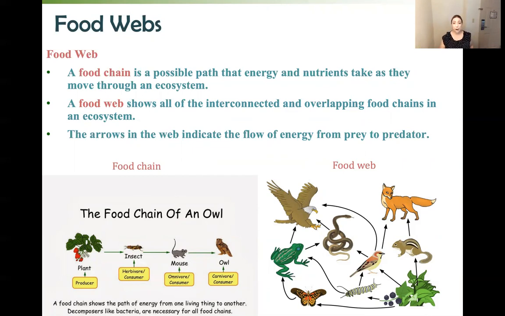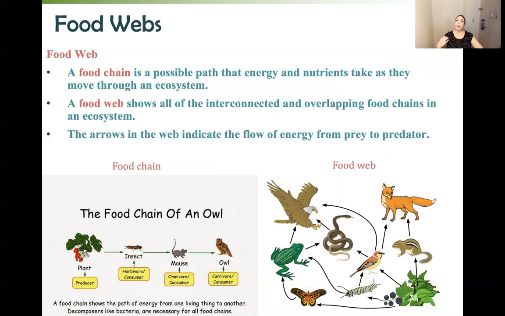But now a food web, and this is how we think of ecosystems now, shows all of these interconnected or dependent food chains and how they overlap in an entire ecosystem. Now, remember, an ecosystem is something like the Sonoran Desert, right? It's a desert ecosystem.